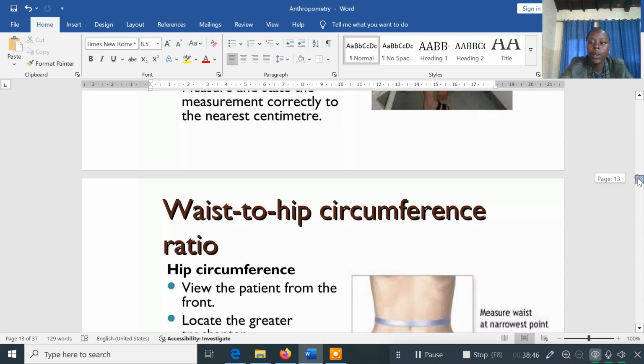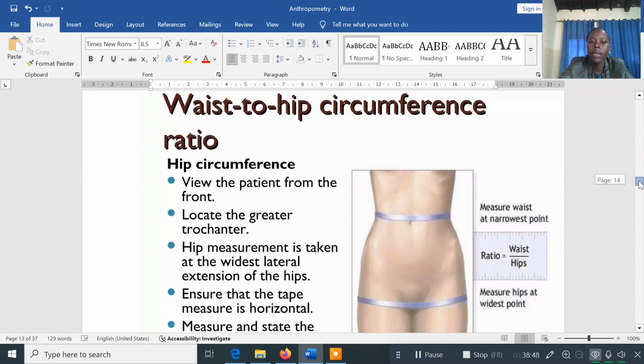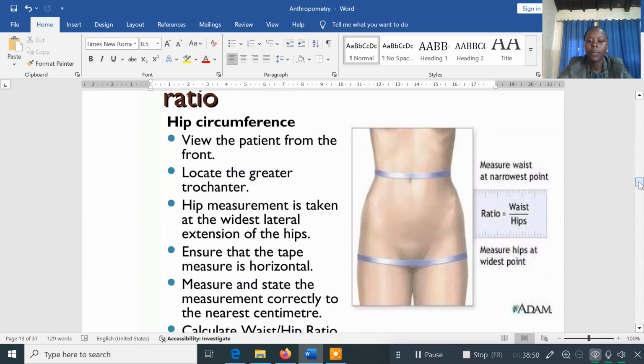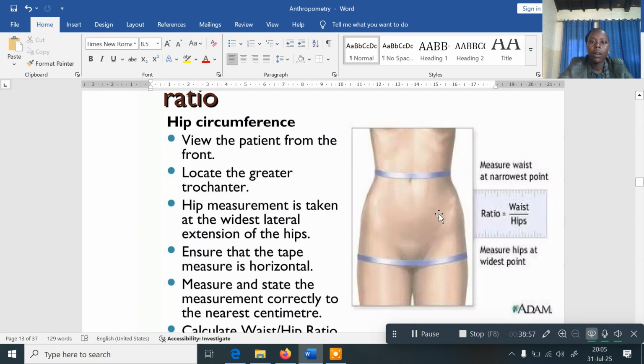Okay, next we are going to look at hip circumference. For hip circumference, you also have to view the patient from the front. You're supposed to still stand in front of your client as you're taking their hip circumference.